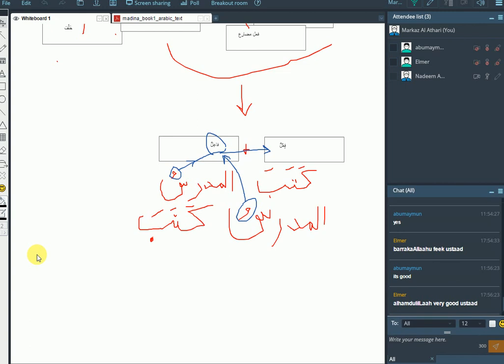Another way of knowing the fa'il is just by recognizing it this way.